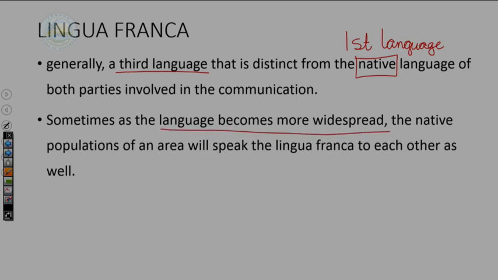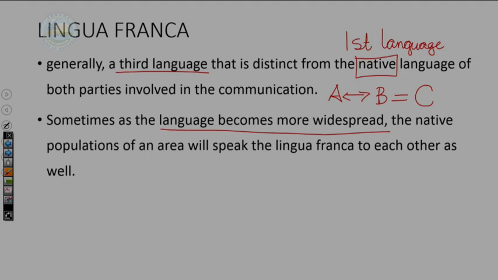Where that lingua franca becomes widespread, people who may have been speaking language A, so if we have here two parties speaking language A, communicating with language B, so they are communicating with each other, but they don't speak each other's language, you're going to have a lingua franca developing that becomes language C.